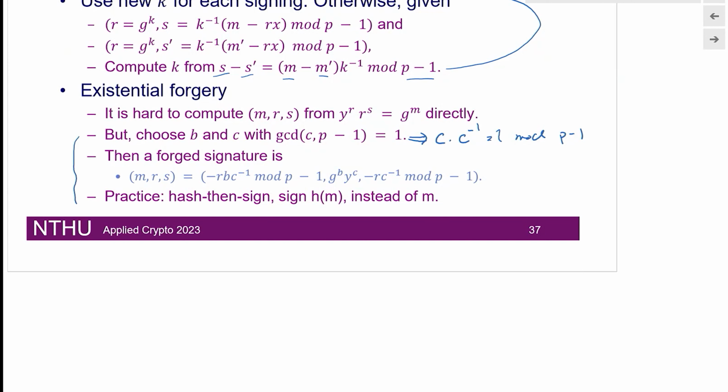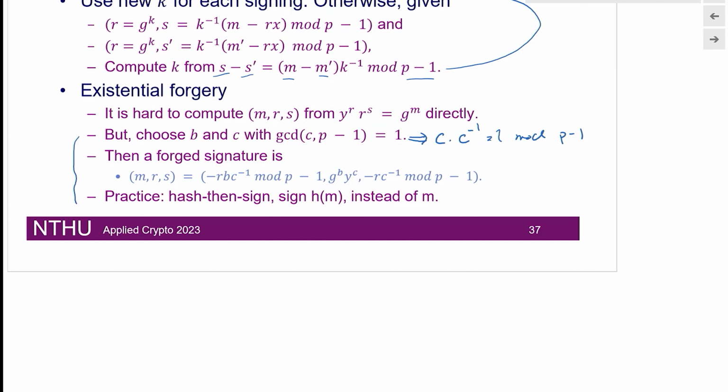And then a forgery of the message is this one. I will walk you through it. Your message is some minus R, B, C minus 1 mod P minus 1, and then R is set to be G to the B, Y to the C, and S is going to be this one. If you pass this 3-tuple to the verifier, it would say yes, this is a valid signature.